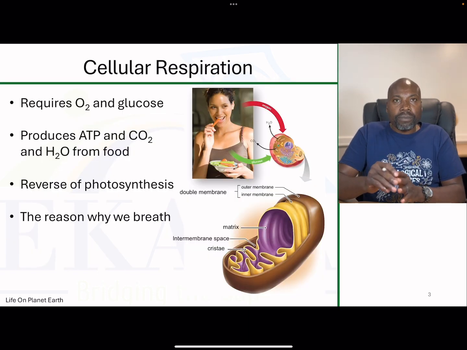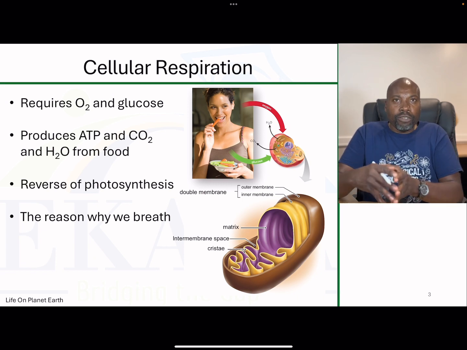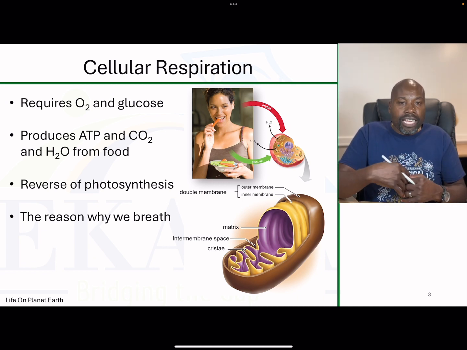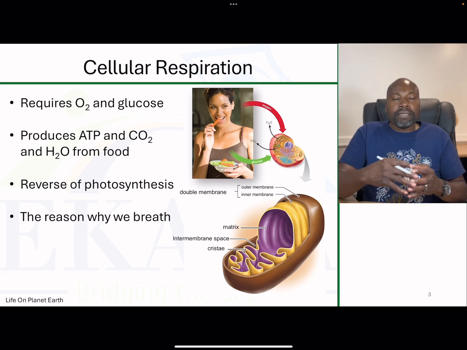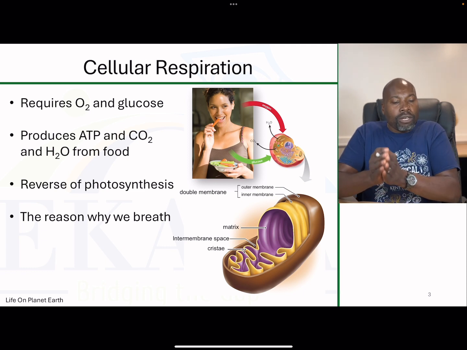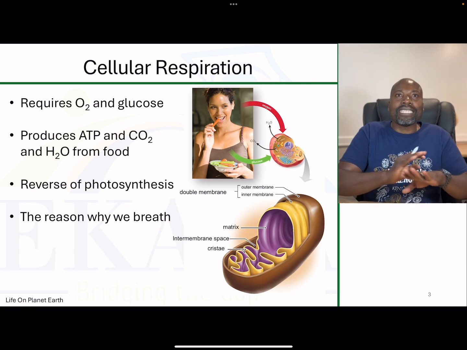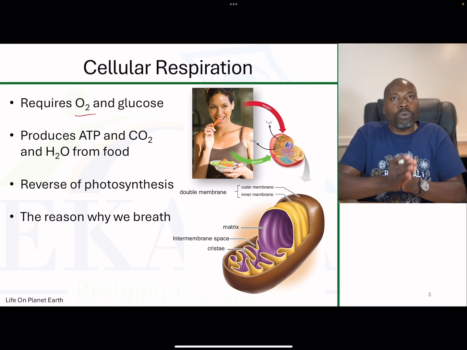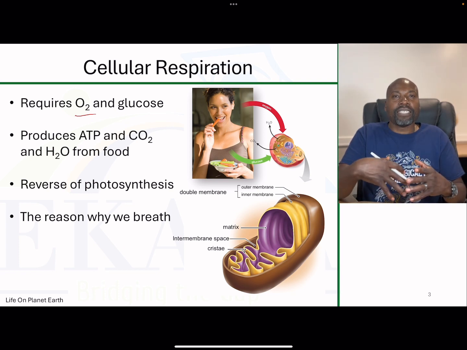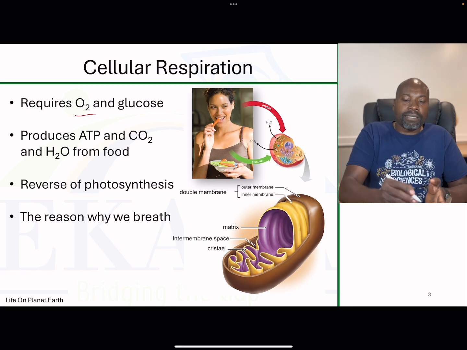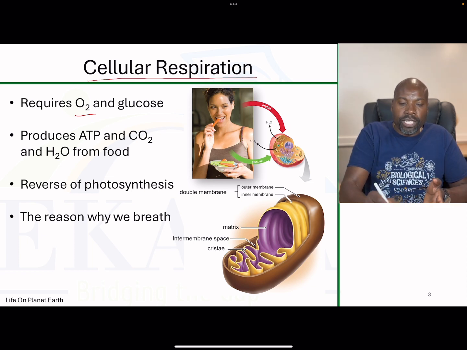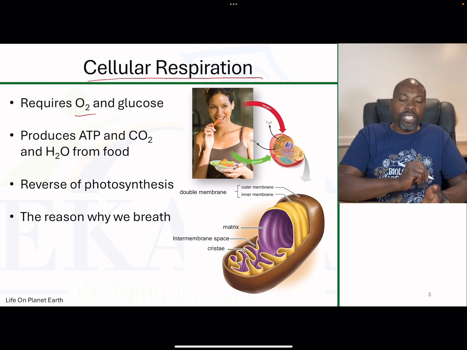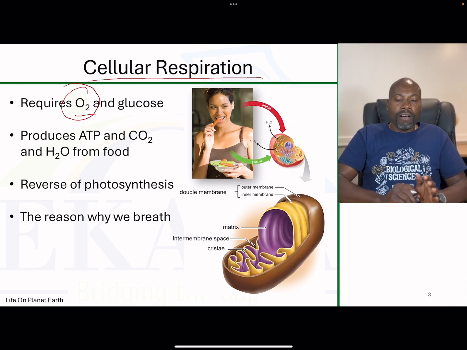Therefore, you are going to need a chemical source of energy, that is the food that we ingest, and some additional component. And that additional component that is essential, it's oxygen. Now, the process by which we harvest ATP from the food we eat, it's cellular respiration. That cellular respiration requires input of oxygen.